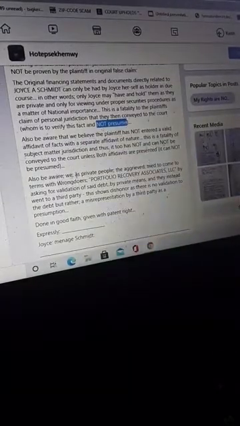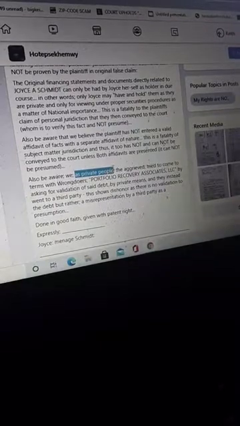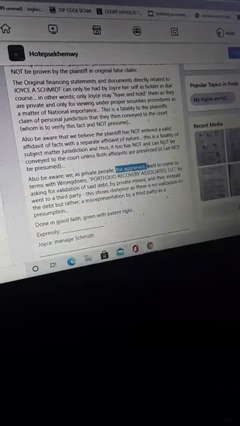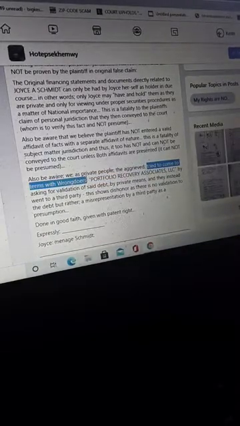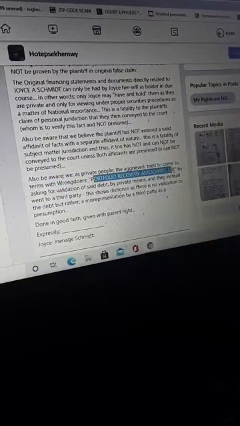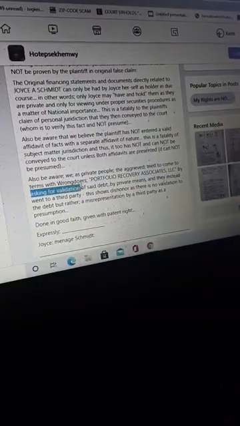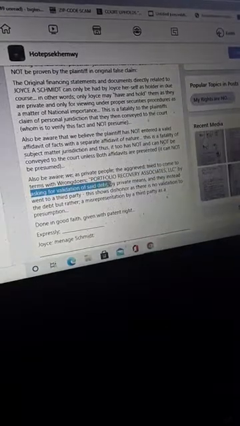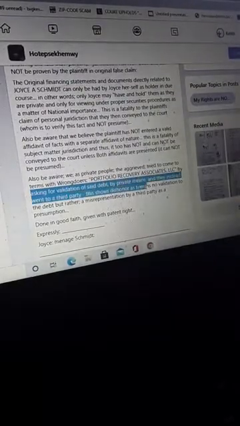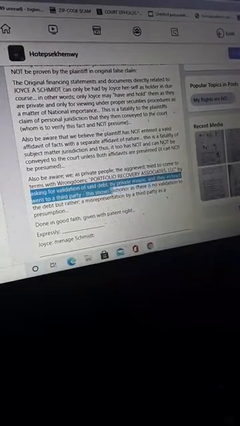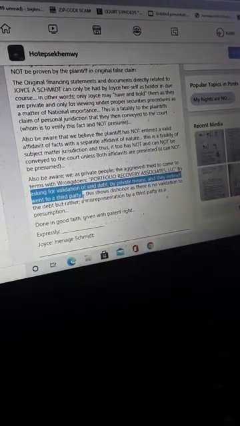Also be aware, we as private people, the aggrieved, tried to communicate or to come to terms with wrongdoers, Portfolio Recovery Associates LLC, by asking for validation of said debt by private means, and they instead went to a third party.